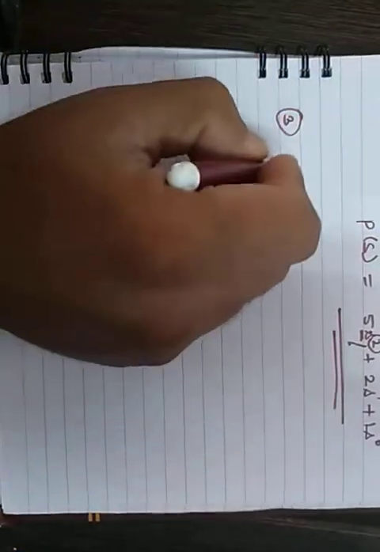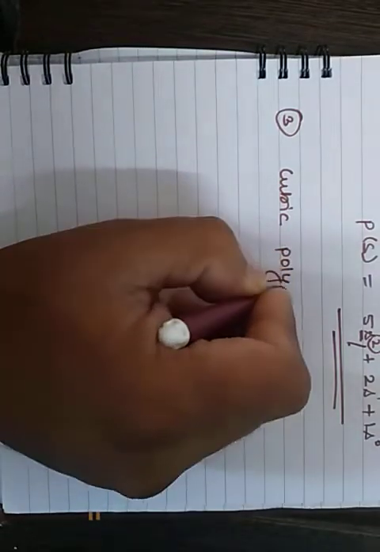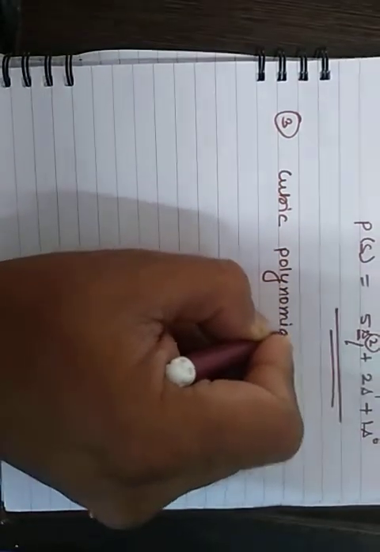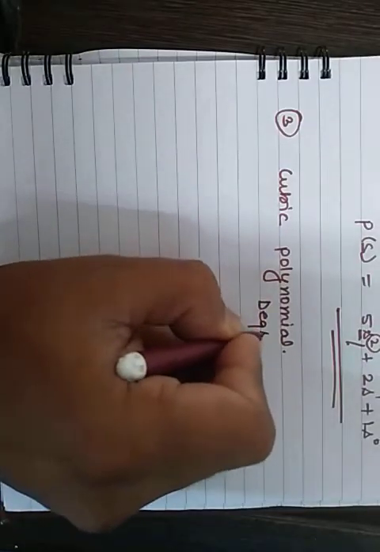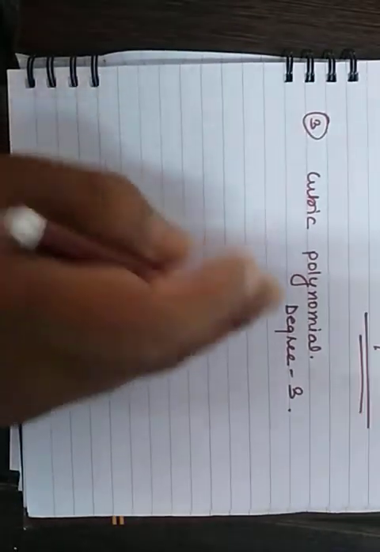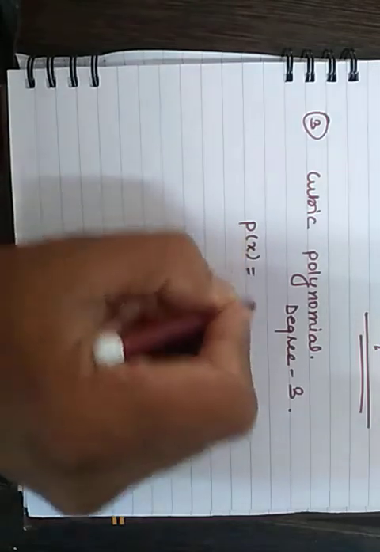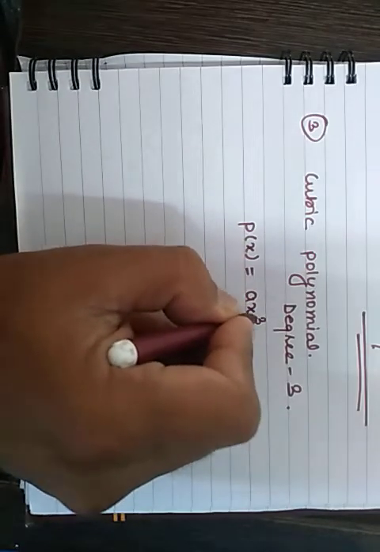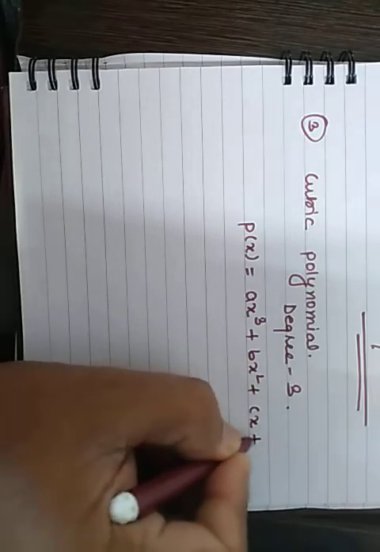The last one we will study is the cubic polynomial. A cubic polynomial is a polynomial with degree 3. The standard form for this kind of polynomial is p(x) equals ax cube plus bx square plus cx plus d.